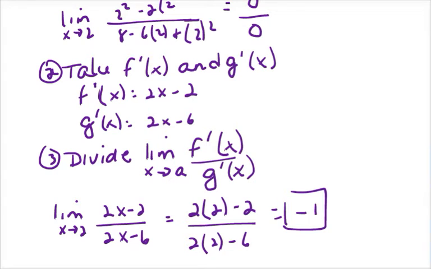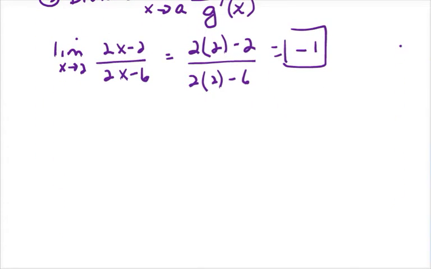Let's do one more. This is a little bit longer. Here's another example. We've got the limit as x approaches 0 of x cosecant x.